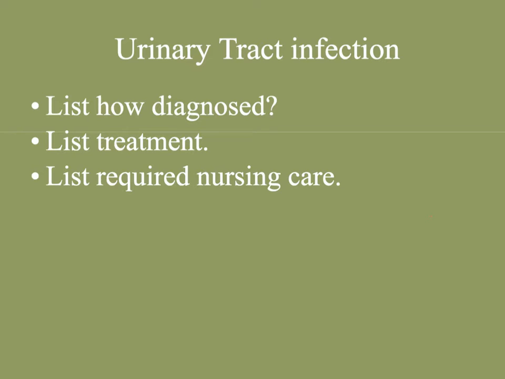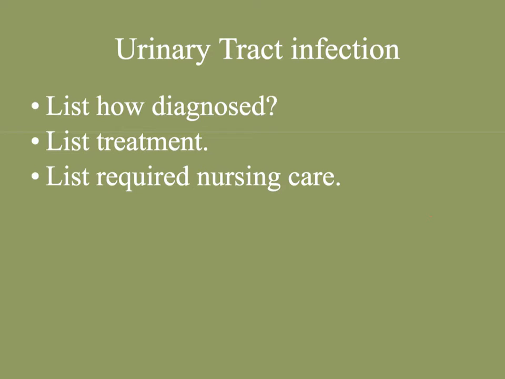Other nursing care, like I said again, make sure they get fluid intake, maintaining a fluid intake, and we're talking water, not caffeinated drinks. Caffeinated drinks just dehydrate you more. So a patient needs to have good fluid intake with healthy fluids, such as just plain old water, which is the best way to keep our urinary tract healthy.